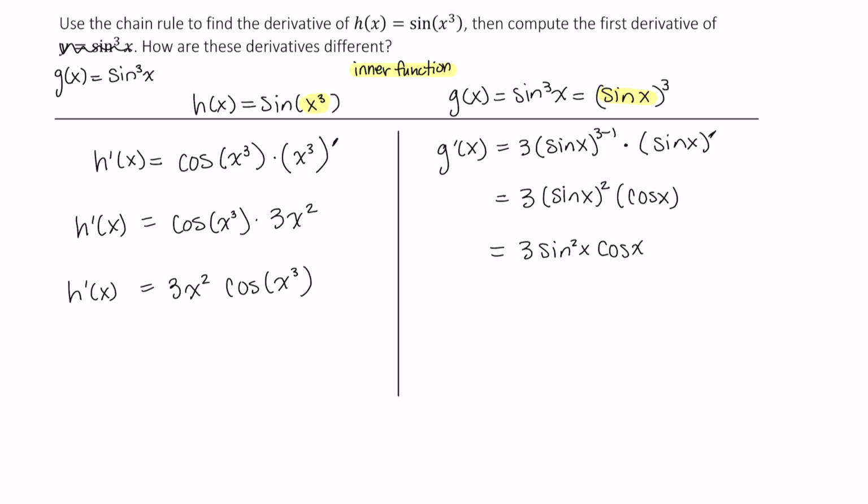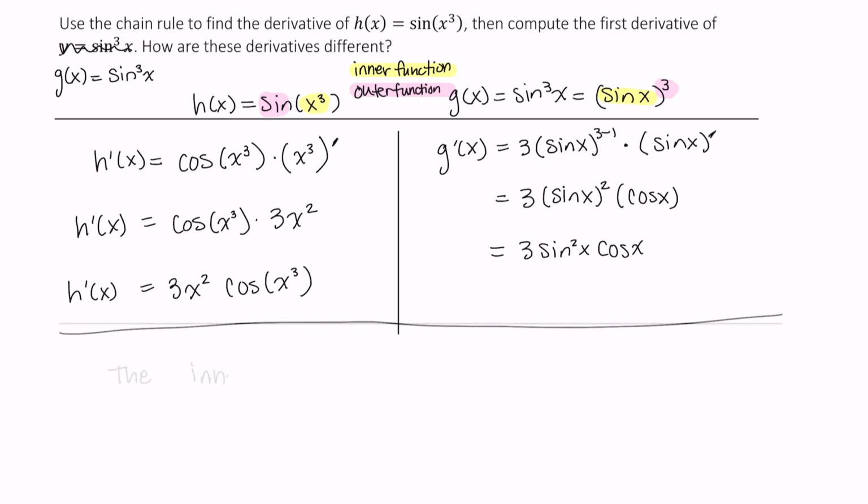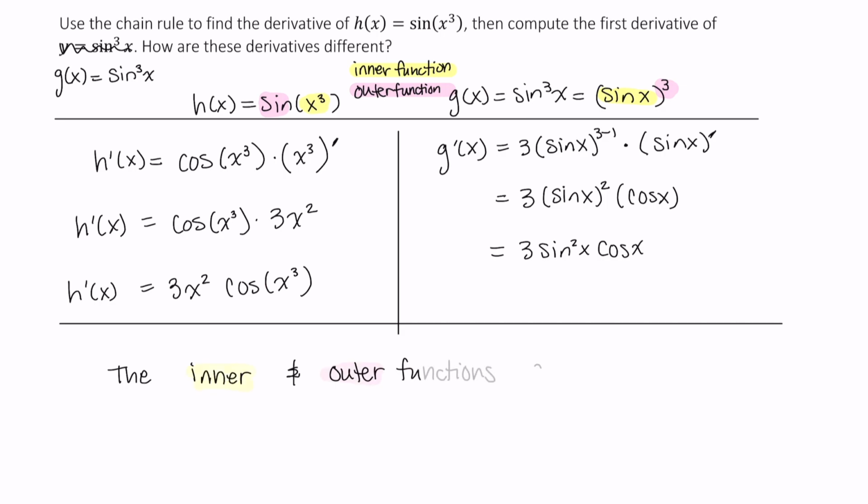The inner function in this case is x cubed, the inner function here is sine x, and the outer function for h is sine, and the outer function here is x cubed. So the inner and outer functions are swapped for h of x and g of x.